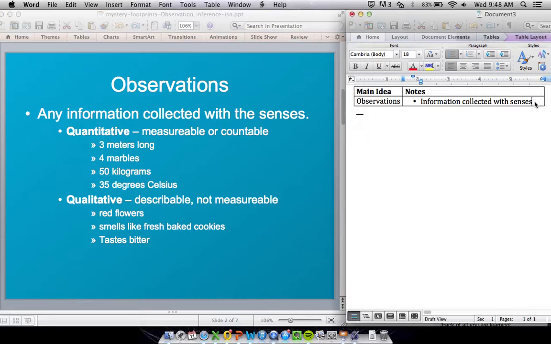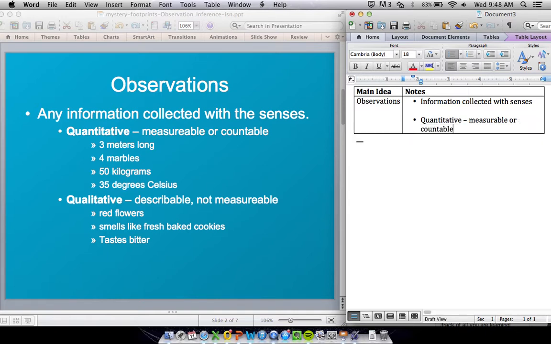The first type is what we call quantitative. Quantitative observations are measurable or countable. The way that I remember this is that quantitative has an N in it for numbers, because a quantitative observation involves some sort of number.